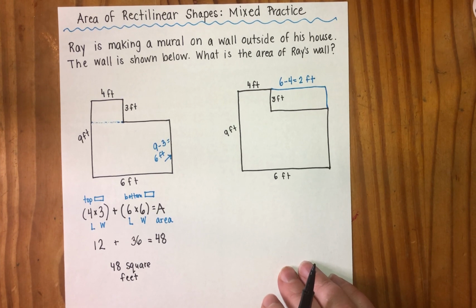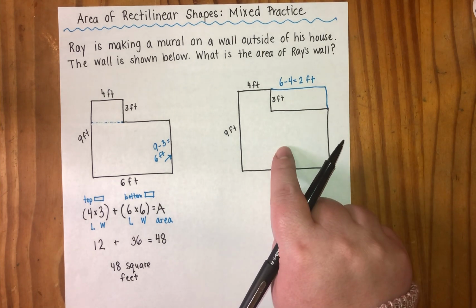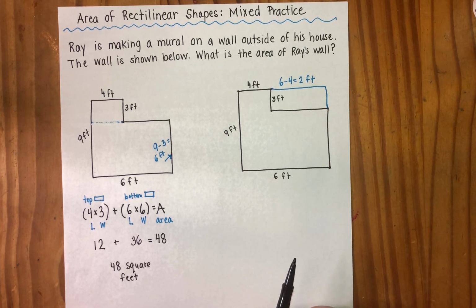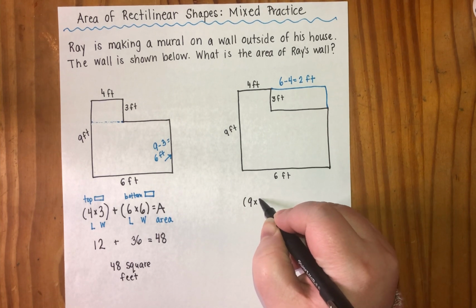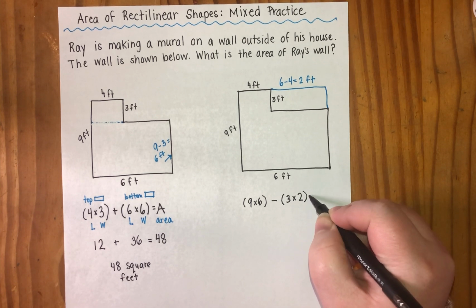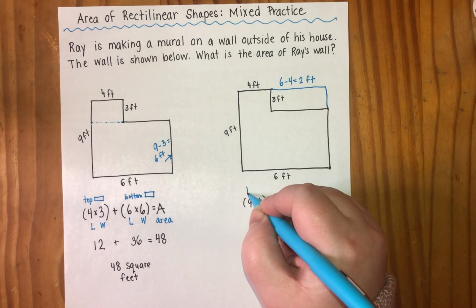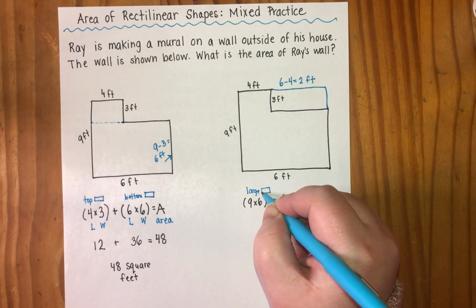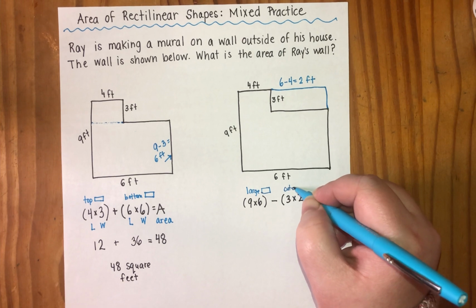I heard many scholars say that they wrote an equation to solve the problem. What was the equation that you wrote to solve the problem using this strategy? Say it out loud. Right. We can write 9 times 6 minus 3 times 2 equals A, where 9 times 6 represents the large rectangle and 3 times 2 represents the cutout rectangle.